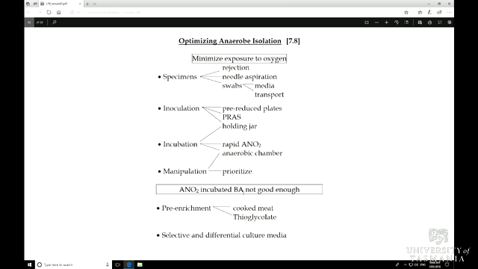So don't look for anaerobes in vaginal swabs. They'll be there, but they don't mean anything. Don't look for anaerobes in skin swabs. If you find one, good on you, that's great, but don't put resources into looking for them. And don't look for anaerobes in throat swabs.